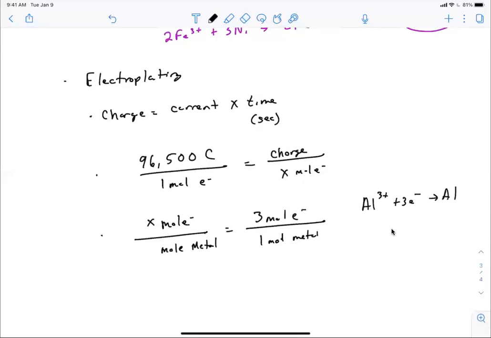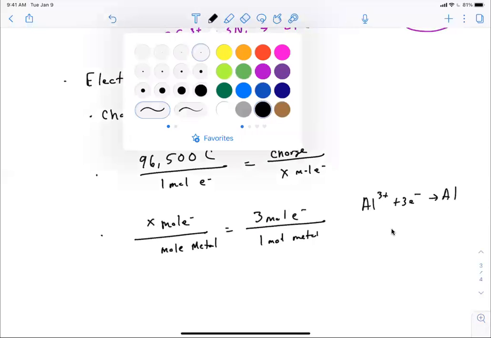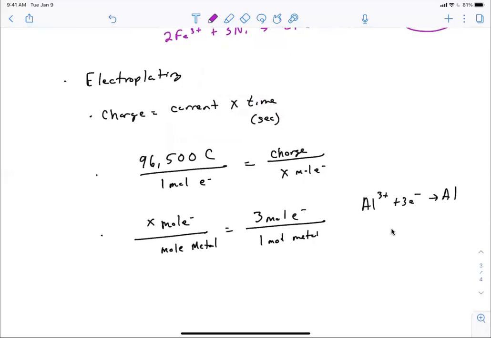And this is reversible as well. If I start with mass of metal, I would convert it to moles of metal, and then convert that to moles of electrons, and convert that to charge, and then use it accordingly in this equation to solve for the amount of current or the amount of time that I would need to run it for. And this also highlights the 3 factors that affect the amount you can electroplate: current, time, and the number of electrons that metal needs.